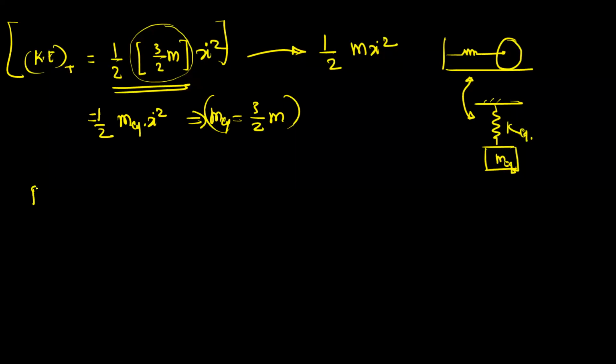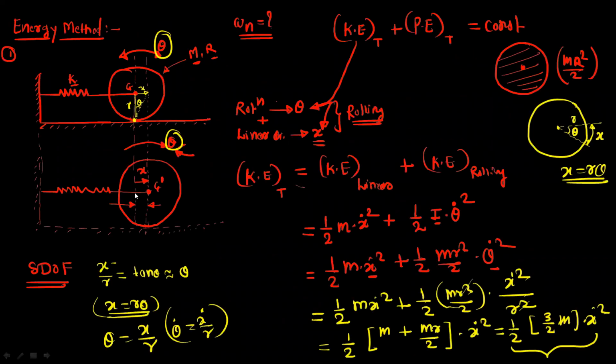Now find the potential energy. Here the potential energy is only associated with the spring. If the system is like a pendulum, then we have to consider the potential energy stored in the mass. For such systems which have only linear motion, we will not consider the potential energy in the mass. So the energy stored in the spring corresponds to its deformation.